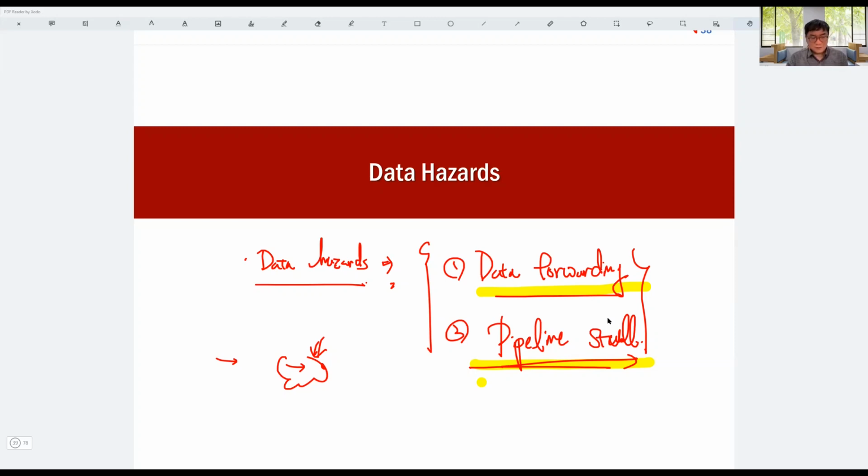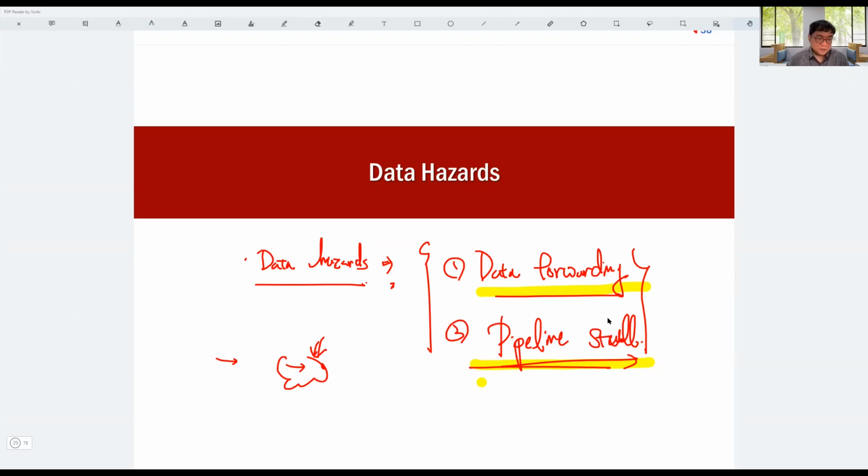Okay, and then what is pipeline stall? The operation of the pipeline stops temporarily, for certain cycles. If the former instruction is a load instruction, then the result of the load instruction is generated in the memory stage, not the EX stage.